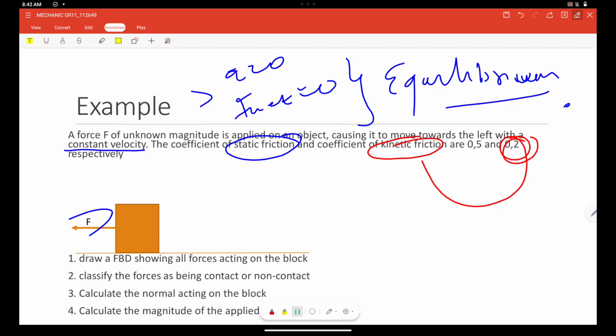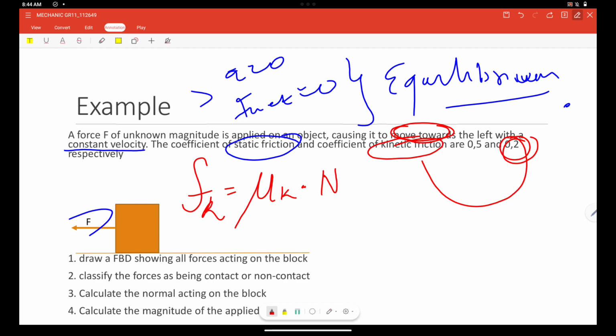Okay. So we have friction. Now we need to decide which one. Because they said that the object was moving, it means we have kinetic frictional force. Okay, how do we calculate it? That was mu k multiplied by normal. This formula is always on your data sheet.